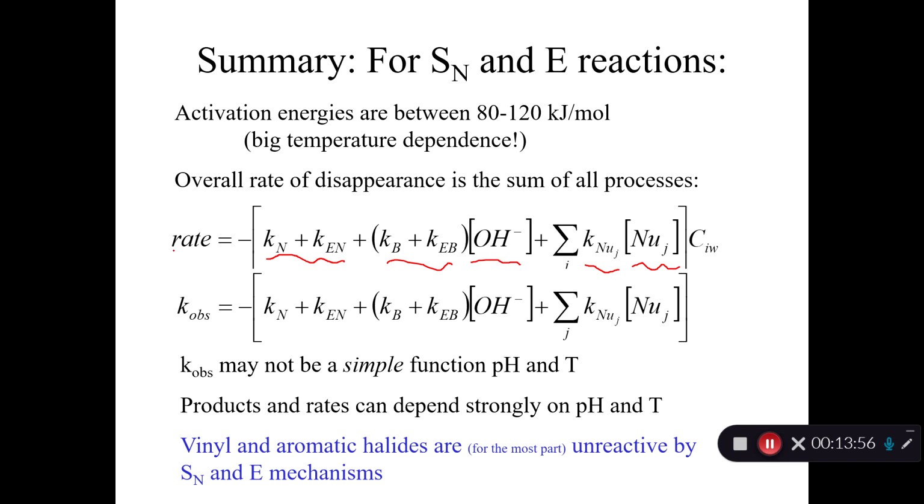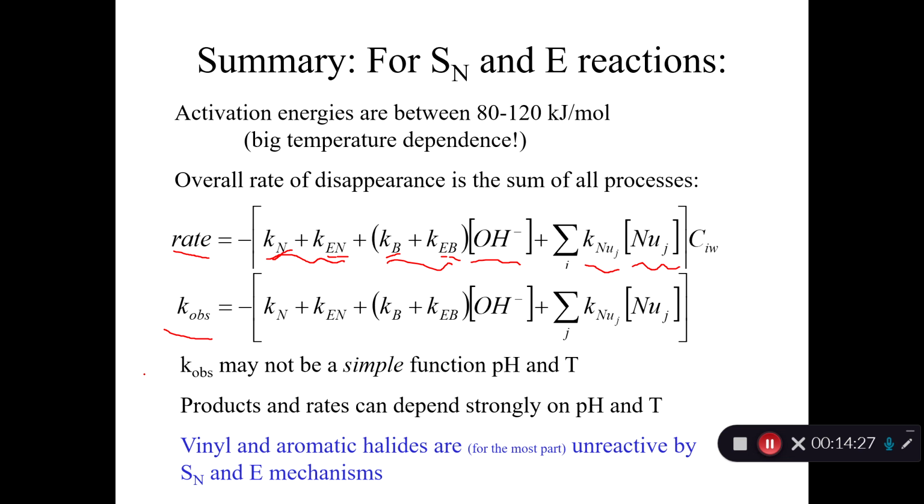Okay, so the rate law would depend on all of these things: the pH, the rate constants of the neutral and the base catalyzed reactions, for straight up substitution, or for elimination. That's what the EN is, nucleophilic elimination, elimination base catalyzed. And so the observed rate constant could be a very complicated function of all of these things, which is why it's kind of difficult sometimes to just write a rate law.